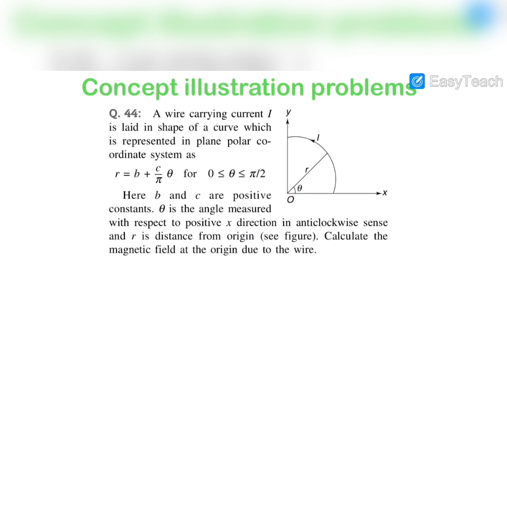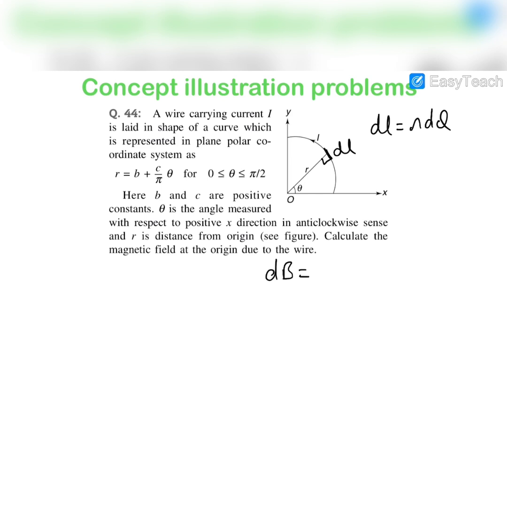Now this is a level 3 problem, and in this you can easily see that there would be an element of wire dl, and this is tangential and this is radial, so the angle between dl and r will be 90 degree, and dl due to this small element will be equal to r d theta.